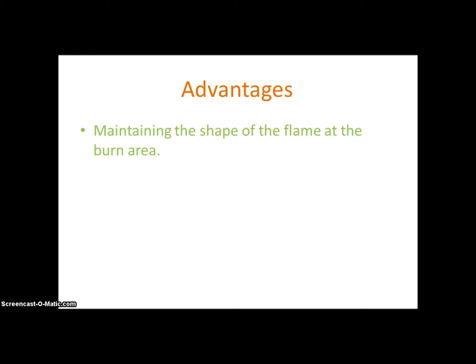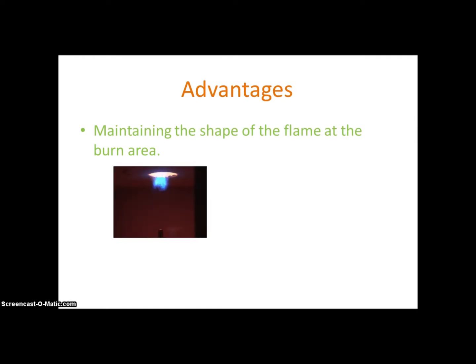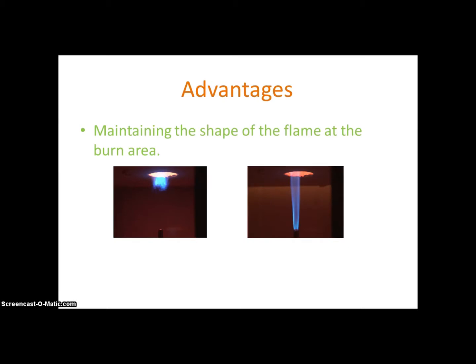ECC technology itself offers a novel and unparalleled tool for shaping flames in extraordinary ways. For example, the first picture is the flame without using an ECC system. As you can see, the flame is not directed toward the burn area. It's spread out. The second picture is when the system is engaged.